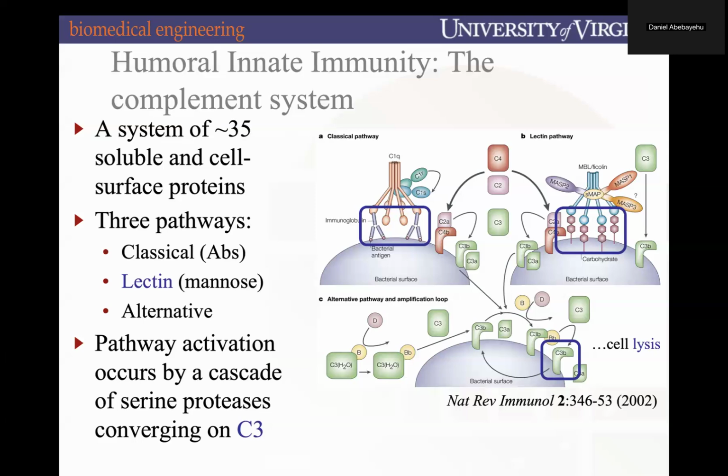All of the complement proteins are a bit of an alphanumeric soup. The alphabet part is that they all start with the letter C, which makes the terminology easy to remember, and the way they function is in numerical order. So C1 binds to this antibody on the surface of the pathogen.